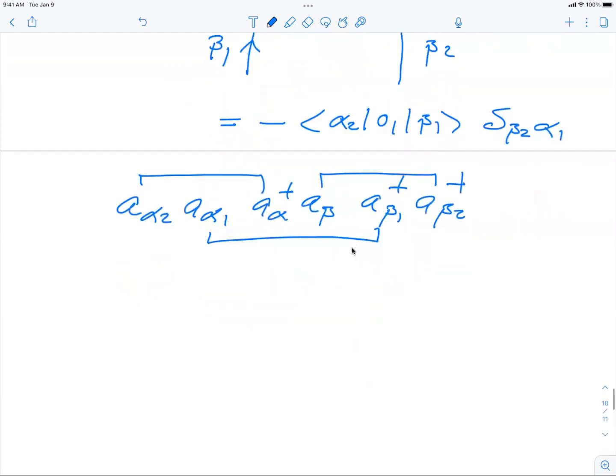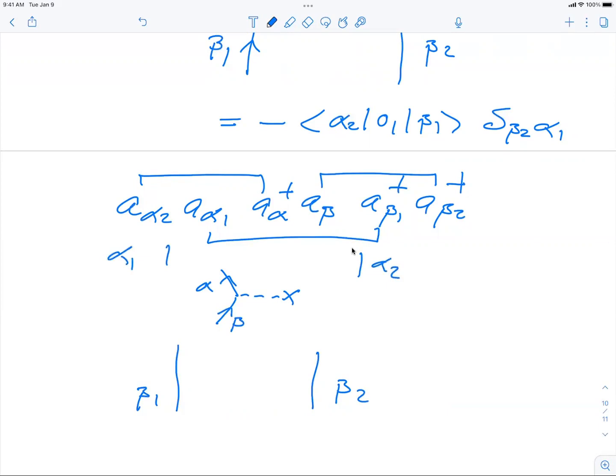So when you look at that one, what you get then is a term where you have now the incoming states, beta 1 and beta 2. You have the operator here of beta alpha. And you have the two outgoing states, alpha 1 and alpha 2 here.